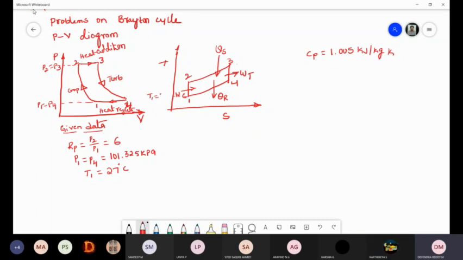T1 is equal to 27 degrees C. What is the value in Kelvin? 300 Kelvin, sir. 300 Kelvin. Okay.